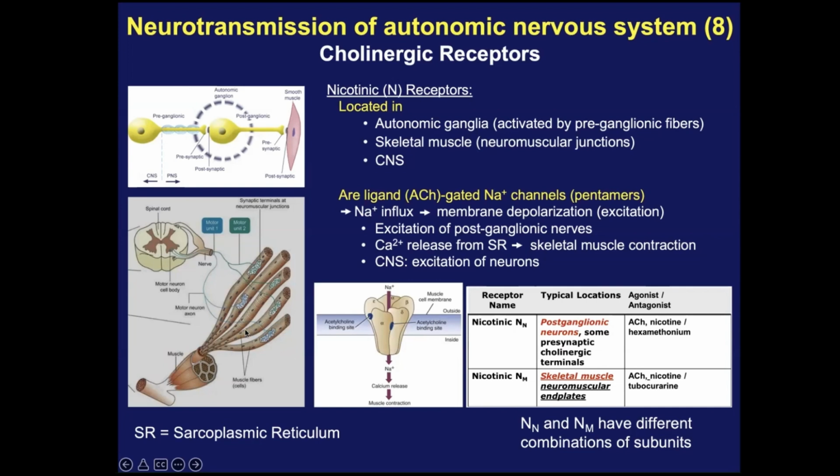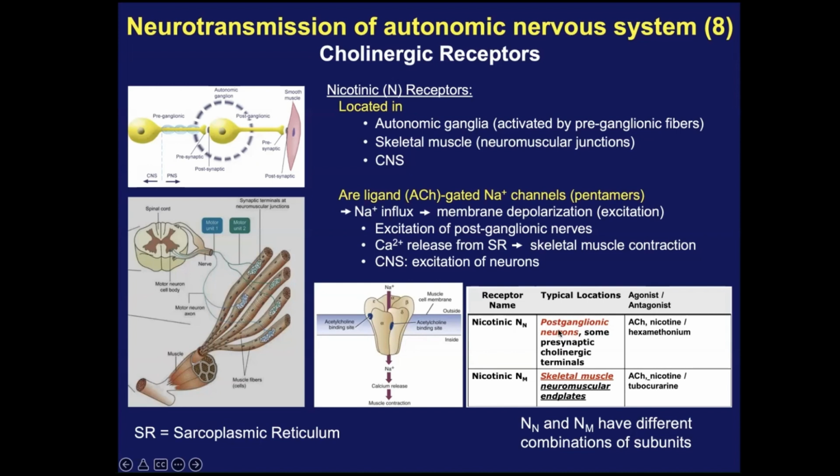In the skeletal muscle, this cell membrane activation will cause the calcium release from the SR, which will cause the contraction of the skeletal muscle. These receptors are also found in some neurons in the CNS. They also cause the excitation of the neurons when these receptors are activated.